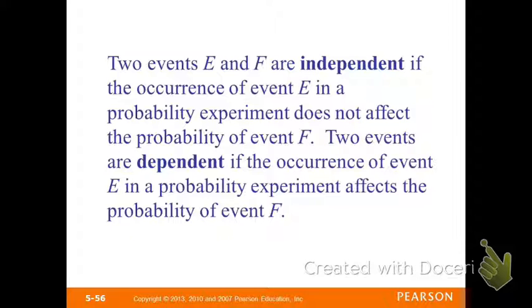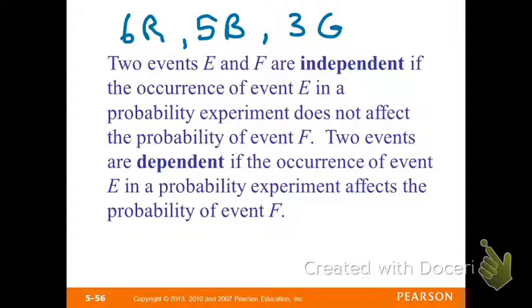Let's suppose that we have a bag of 6 red marbles, 5 blue marbles, and 3 green. Let me write this down for you. 6 reds, 5 blue, and 3 green.